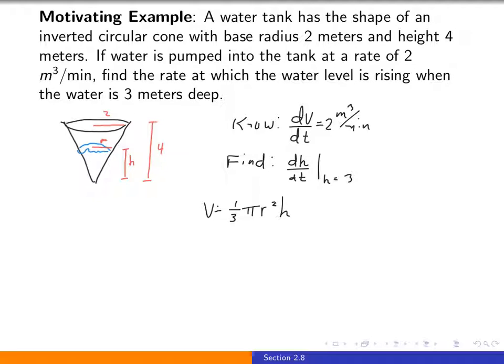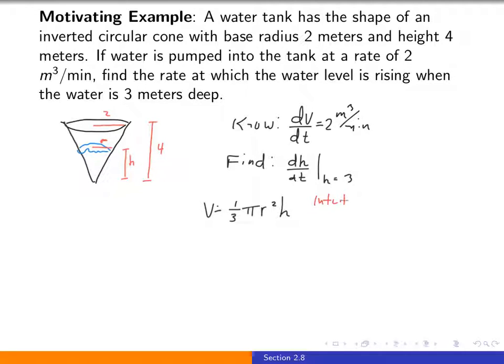And what we would like to do is implicitly differentiate this equation. The big observation to make, though, is that when we implicitly differentiate, on the left we're going to have dV/dt. On the right, we are going to have to differentiate r and h both with respect to t. But we only know dV/dt, we do not know dr/dt. So that would be a problem.